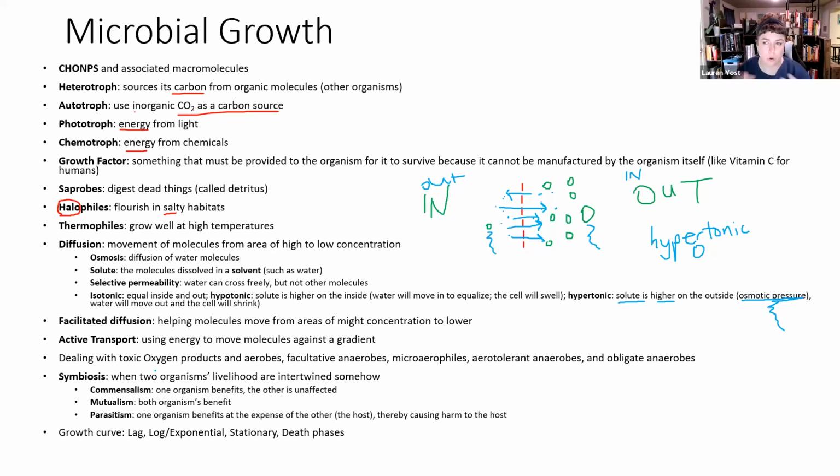If we are moving the green blobs from outside to inside, see how they're higher outside, we want to move them inside. That's going to be movement by diffusion, right? From high concentration into low concentration, but they can't cross the membrane because it is selectively permeable.